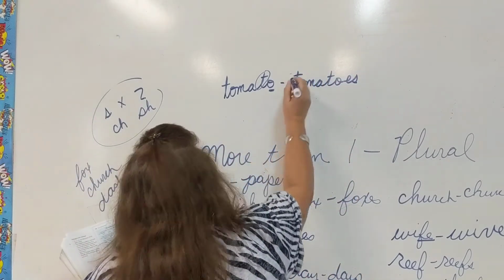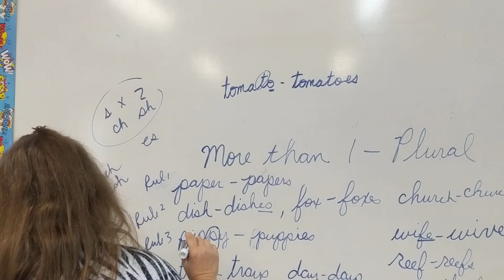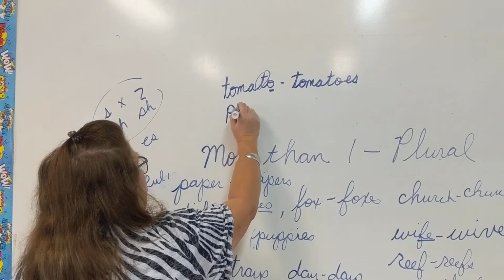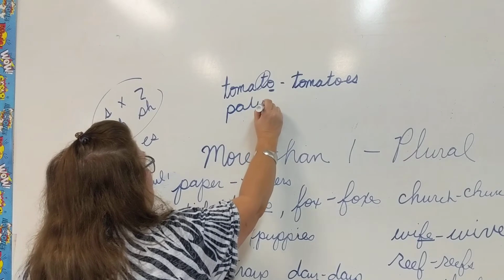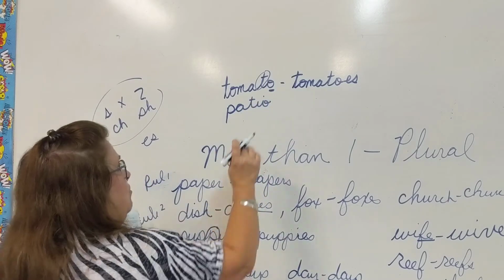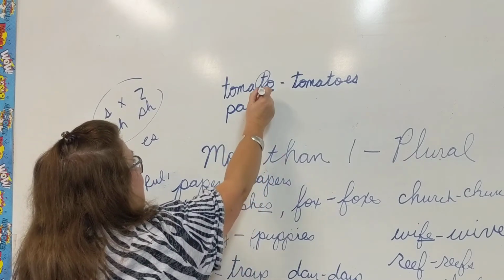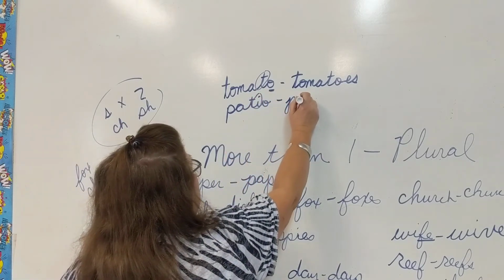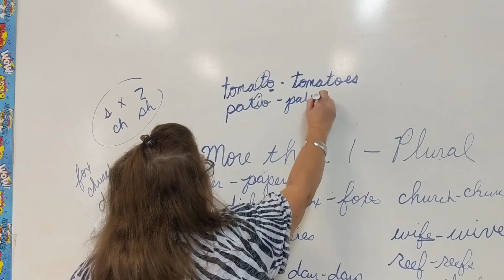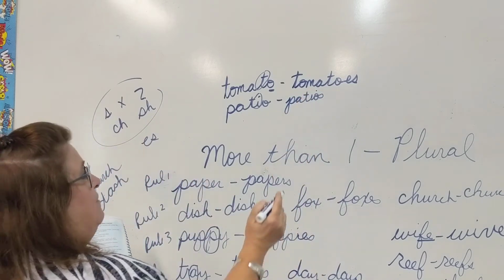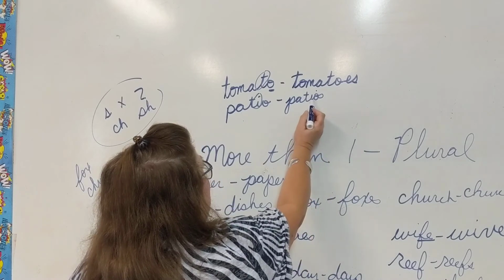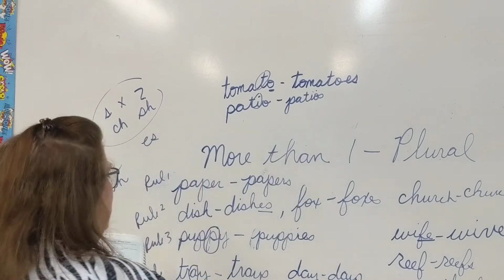But now, if we have a word ending in O that does not have a consonant in front of our O, like the word patio, there's an I in front of our O here. So in this word, we just add an S. Okay? So if you have a consonant in front of your O, you add ES. If you have a vowel in front of your O, you just add S.